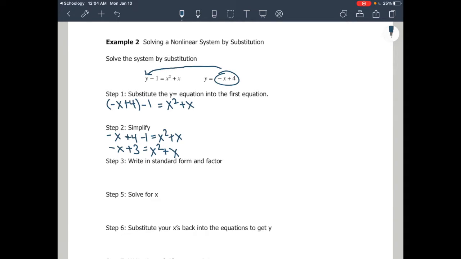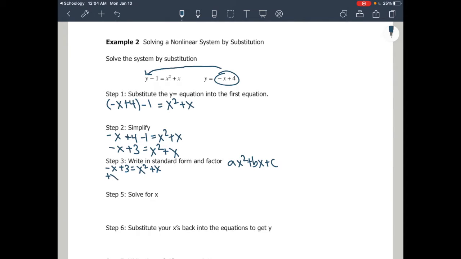The next step says write in standard form and factor. Standard form is ax squared plus bx plus c. So I'm going to move a couple of things over here. Negative x plus 3 equals x squared plus x. All I did was copy the information, and now I'm moving things around.